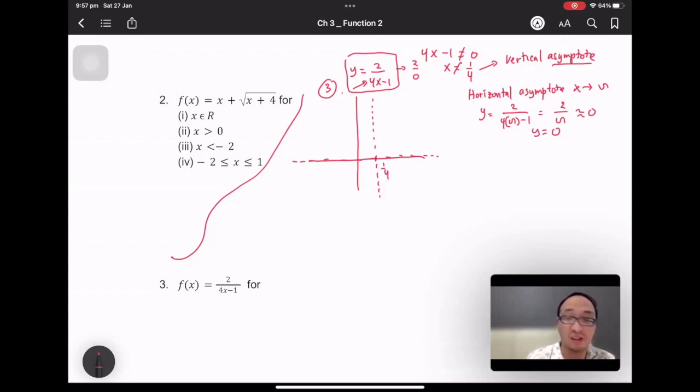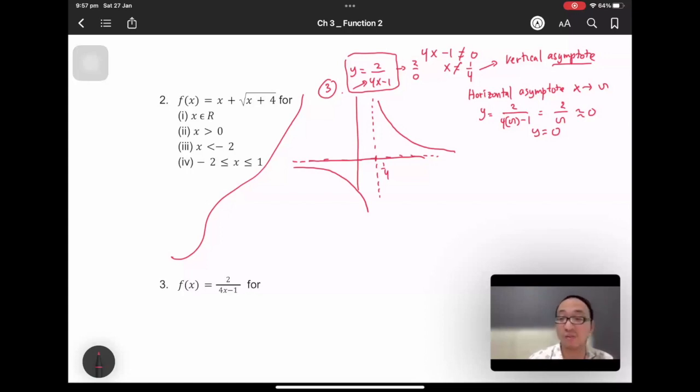And because it is an inverse proportion, the value will be decreasing. So it will be like this. It never touches. And for the negative values, it is the same. It will never touch the asymptote.